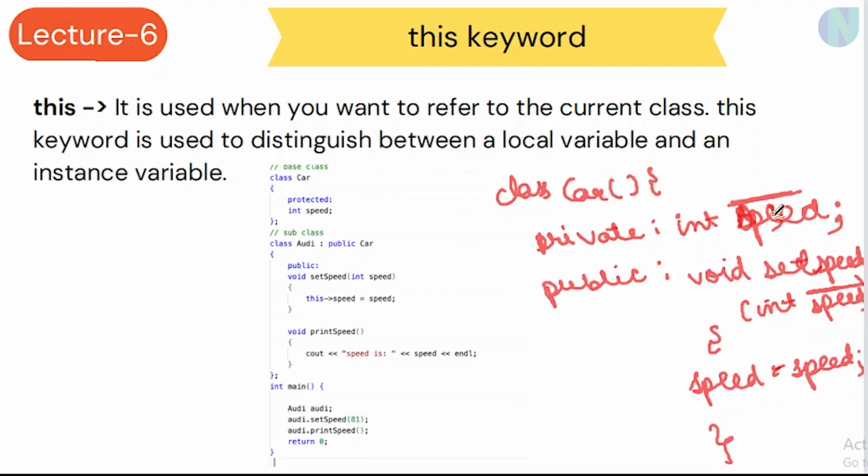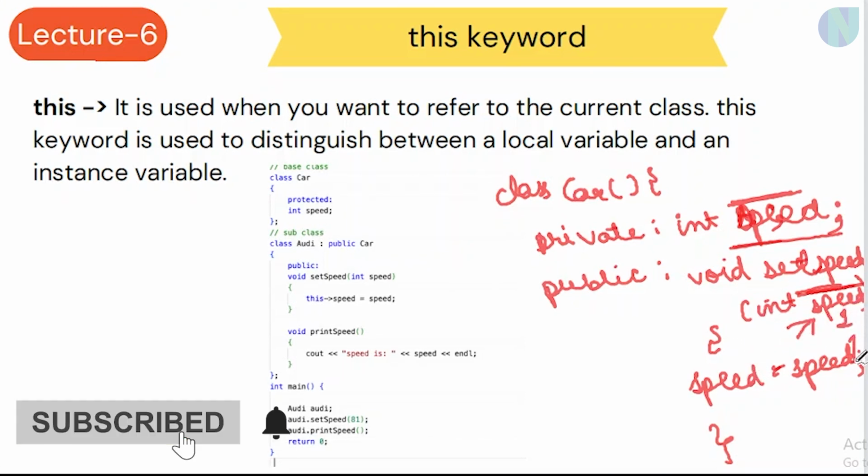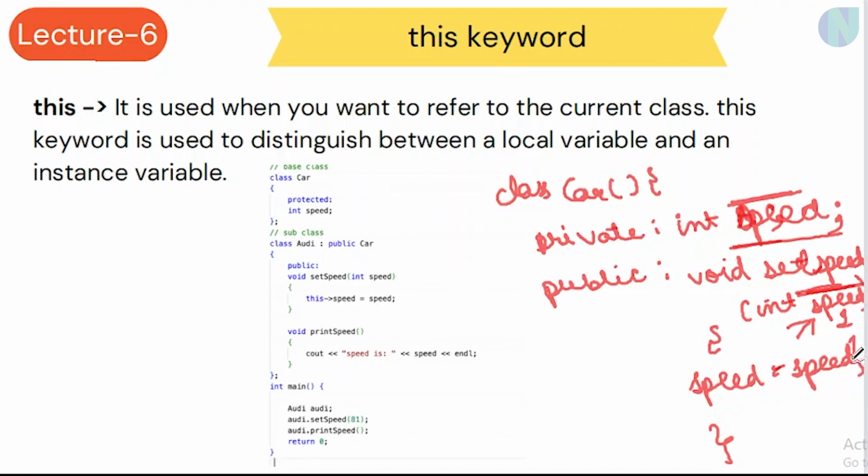If we want the variable name we give here and the one we give here to be the same, just to make anyone understand that we are passing speed as a variable. When we do it as speed 1, there is no error, but whenever I do it only as speed, there might be an error, because speed is equal to speed does not imply anything.